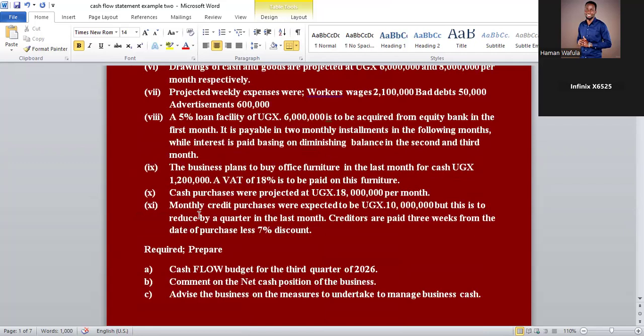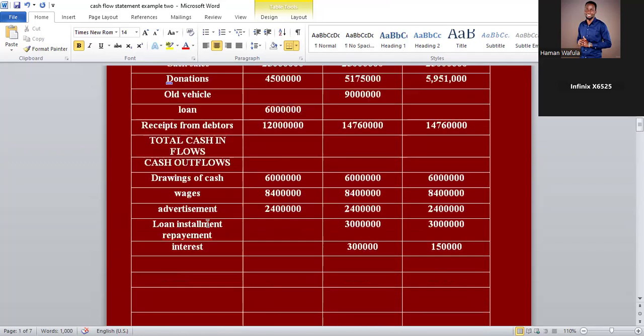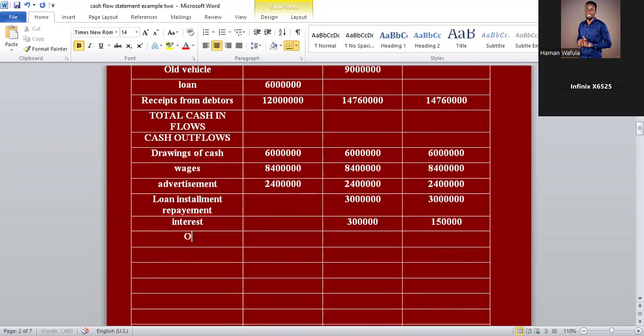So bya mirundi ebiri. So we are going to have office furniture in the last month, 2.2 million.